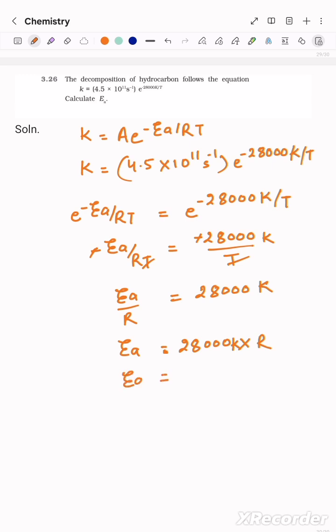So Ea is equal to 28,000 K multiplied by R, where R is the gas constant, 8.314 joule per Kelvin.